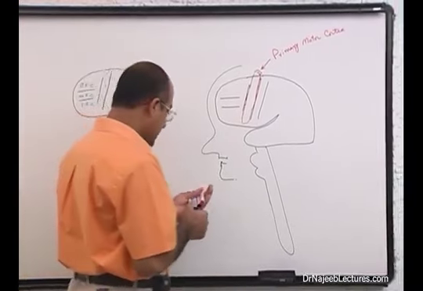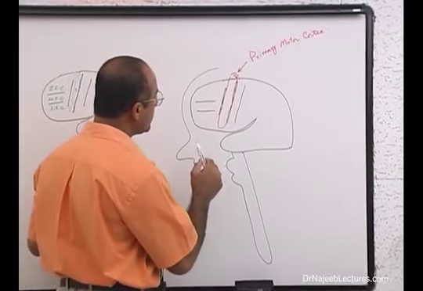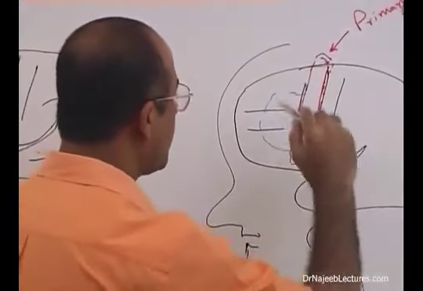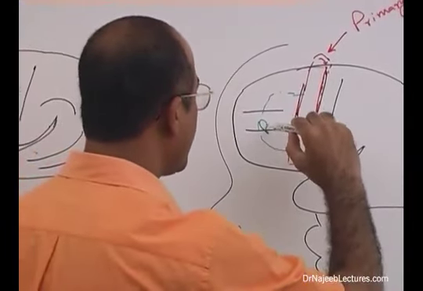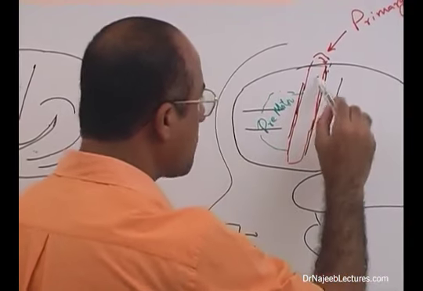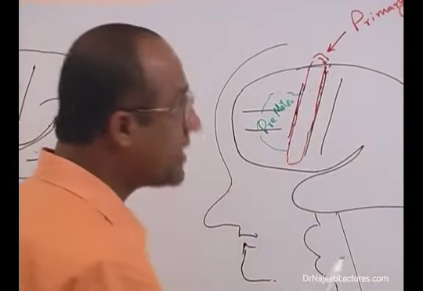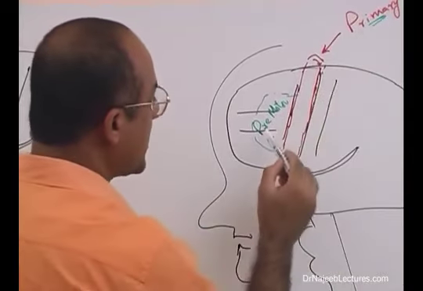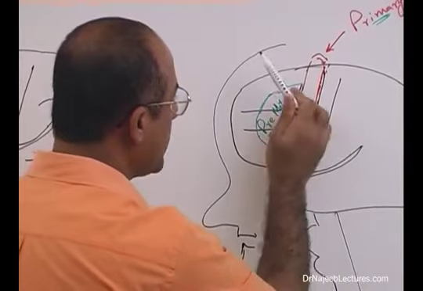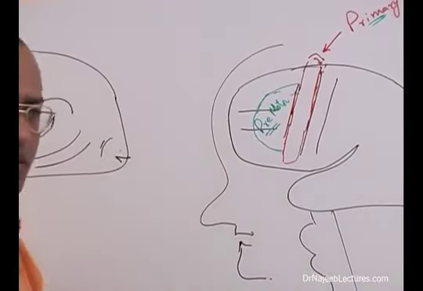Then they came to know that in front of that, they have areas which are called premotor area. This red area is primary motor area, but this is premotor area.